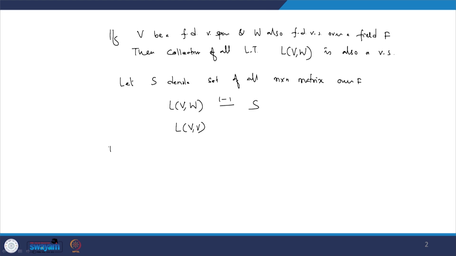What is that? Eigenvalue of a linear operator.